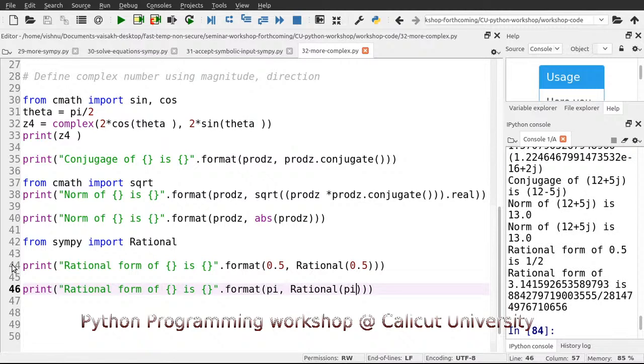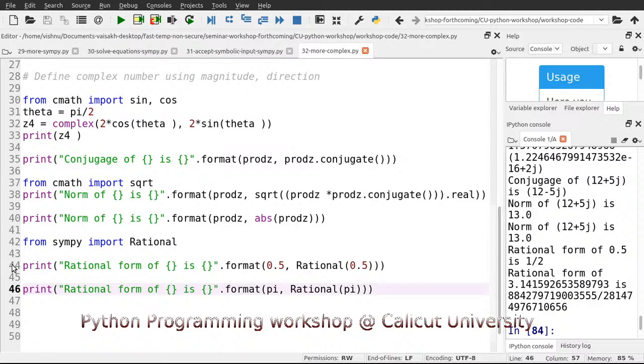Even then it's working. This is something we need to understand about how computers treat symbolic expressions. The Rational function tries to convert the symbol pi into a numeric value, and that numeric value is of course an approximation. Every approximation is a finite expression, so it's converting that finite expression into a rational expression.